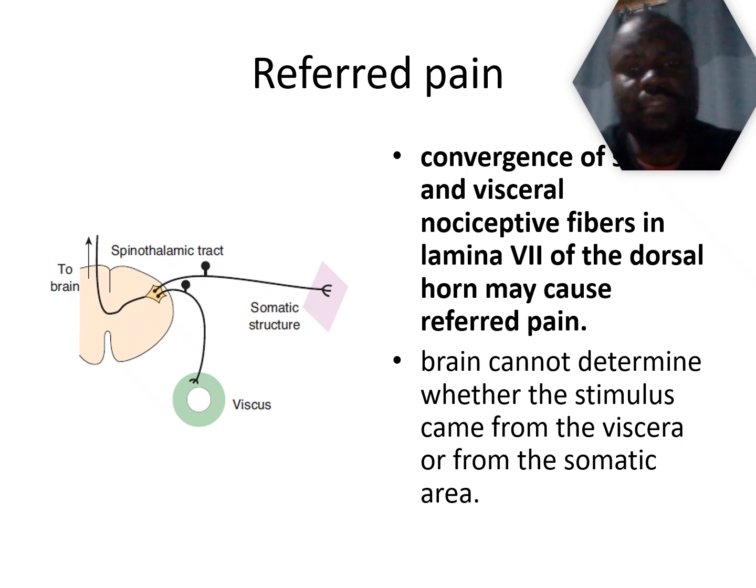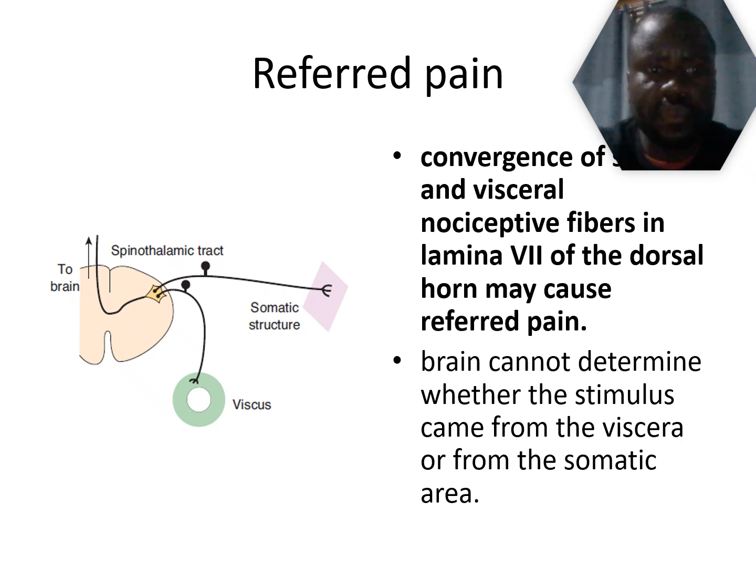There's a bit of mechanism on how referred pain is produced. One of the theories behind this is called the convergence theory, where it is postulated that the internal organ and the external tissues or the muscles are innervated such that the nerves innervating the internal organs as well as the muscles connect at the same site.